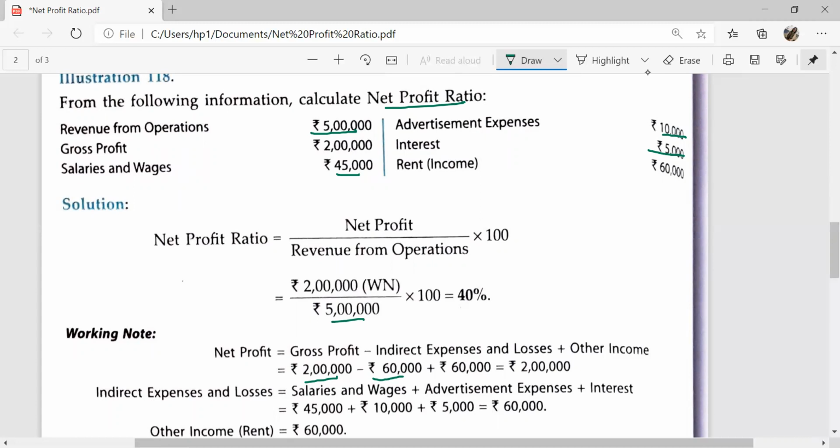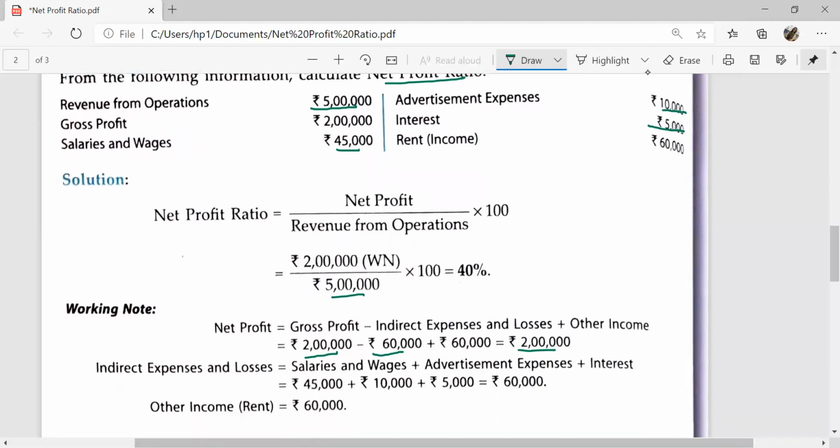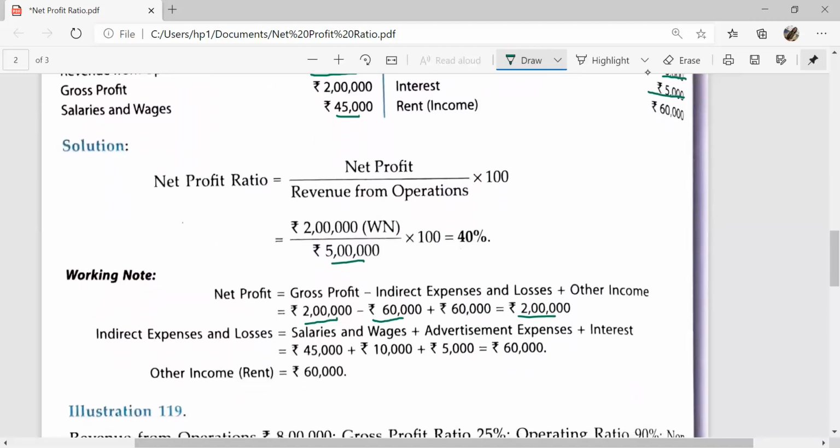So then 2 lakh minus 60,000 plus 60,000, that is 2 lakh. 2 lakh is a net profit, and revenue from operations are 5 lakh. Then the net profit ratio is 40%.